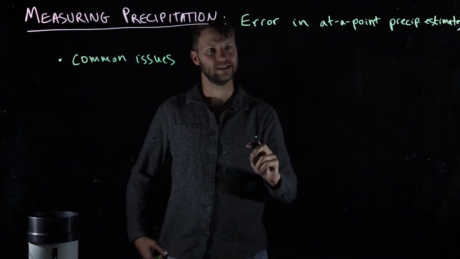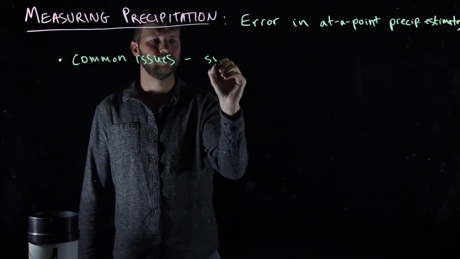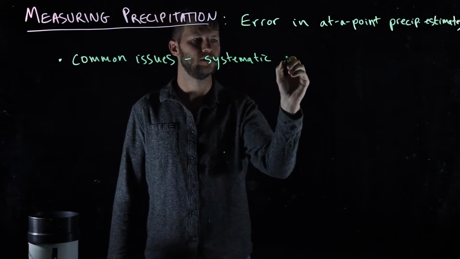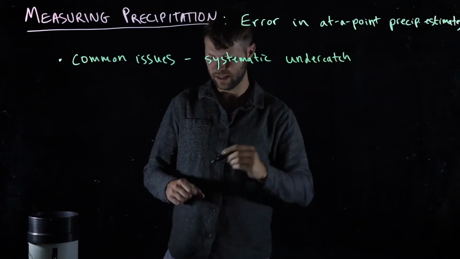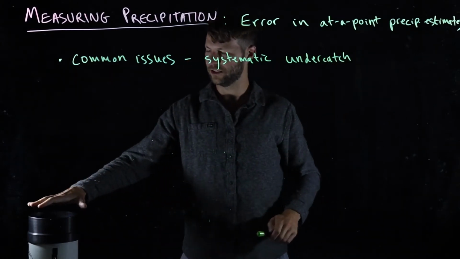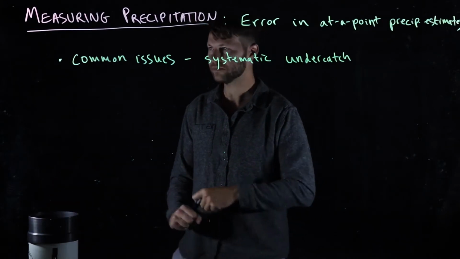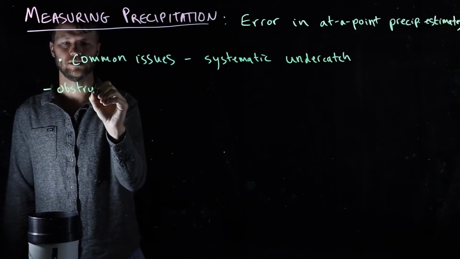And the error that they tend to result in is systematic undercatch. And by undercatch, I mean that the rain gauge is underestimating the true amount of rain. So, obstructions. This is the first common one.